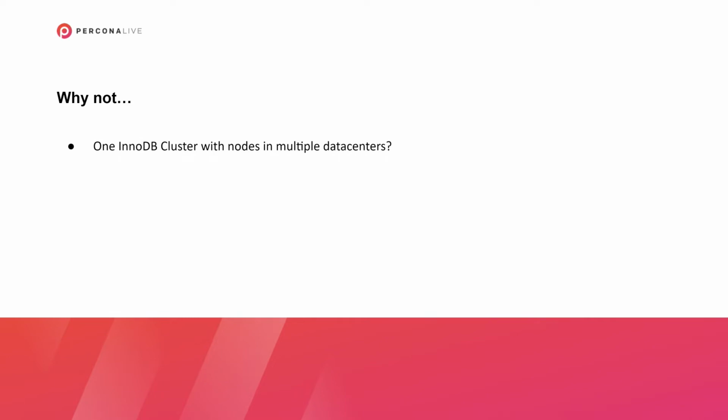So this begs the question: if data consistency is not guaranteed, it's not high availability, so why not use one InnoDB cluster with nodes in multiple data centers? Why use ClusterSet? And the reason is basically a performance trade-off. If you want your data synchronously on multiple data centers, the InnoDB cluster needs an acknowledgement for every write from every node, and putting cross data center communication in the middle of every insert will have a performance impact.